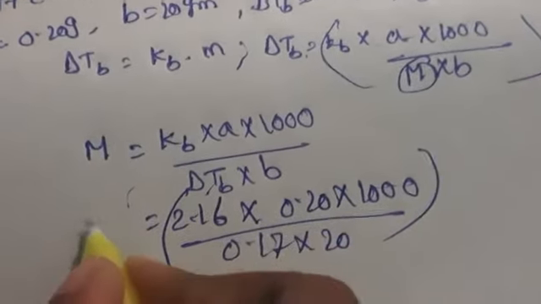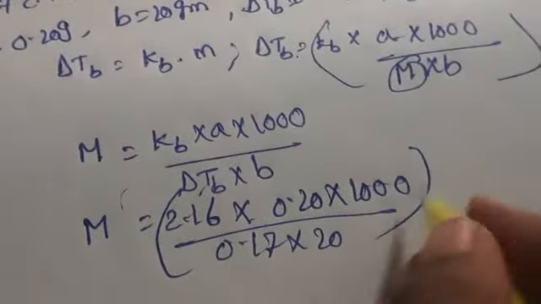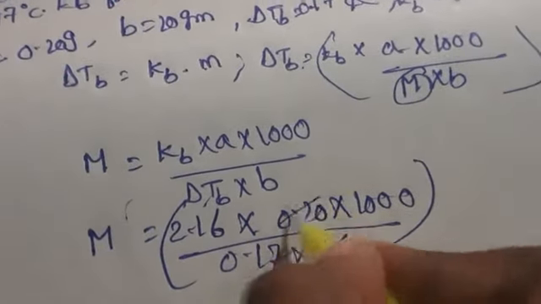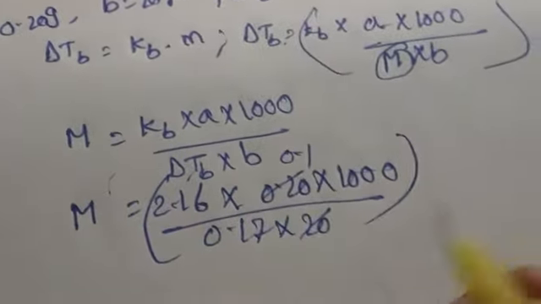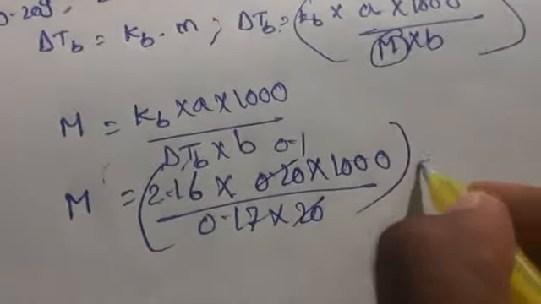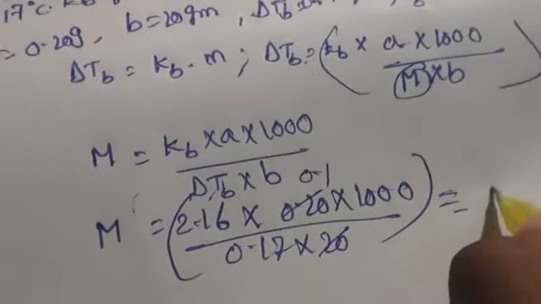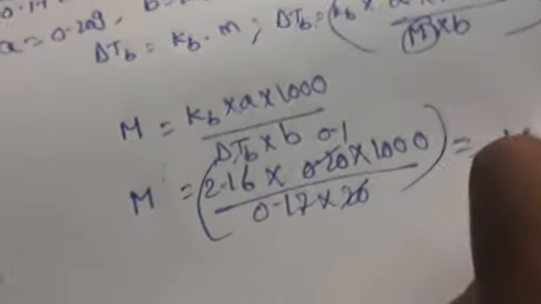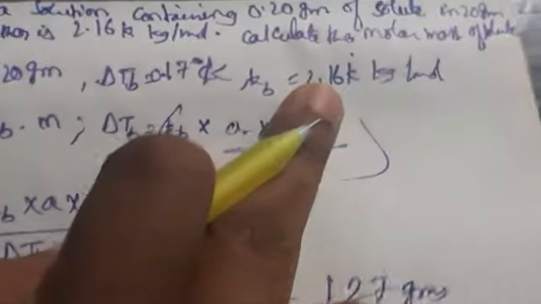By doing the calculation we are getting the value of some 127 grams. So what he has told us to calculate is the molar mass of the solute.